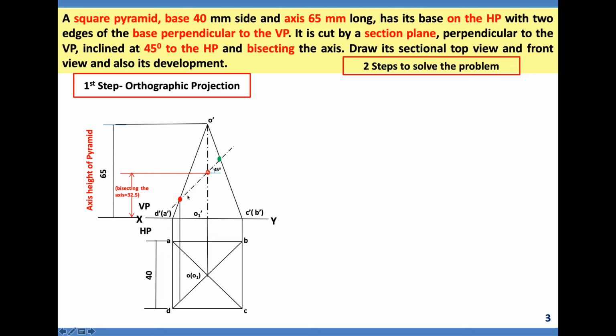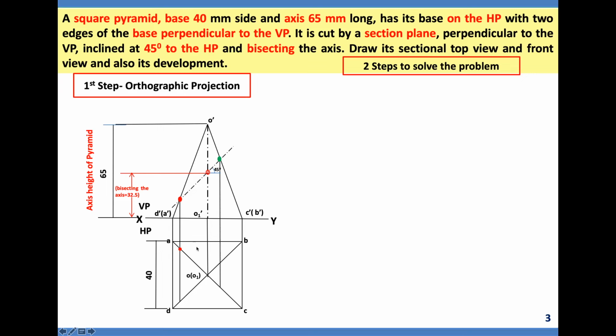So this cutting plane has cut here. From this, I'll drop a line which is vertical. So when I drop this, it has passed through OA and also OD at these two points. Let me start marking the cutting points, and also from the green dot, draw a vertical line which has passed through OB and OC.